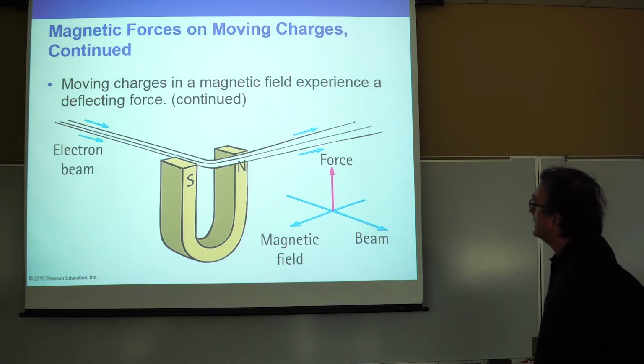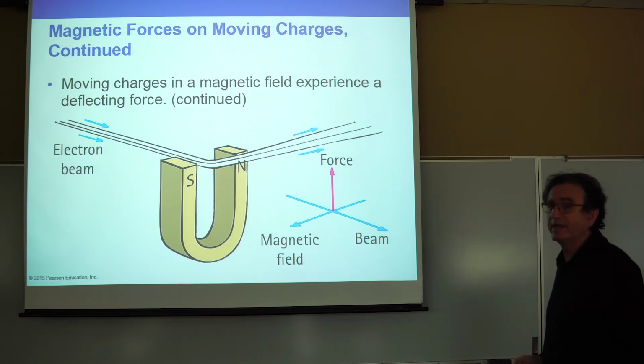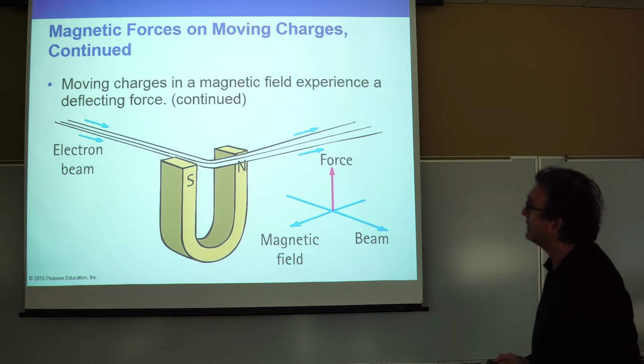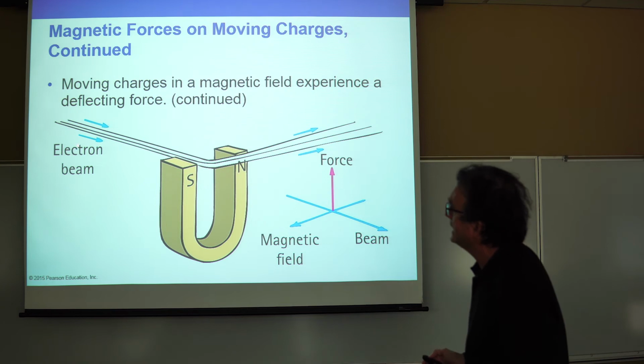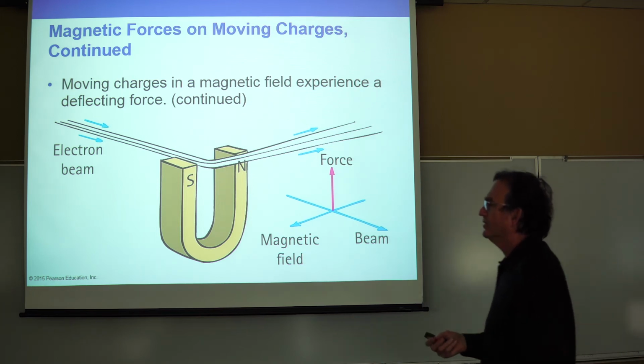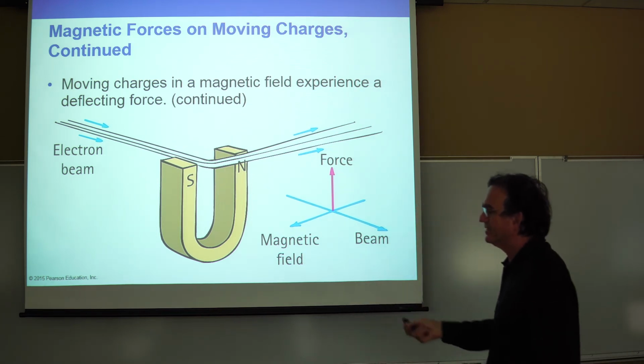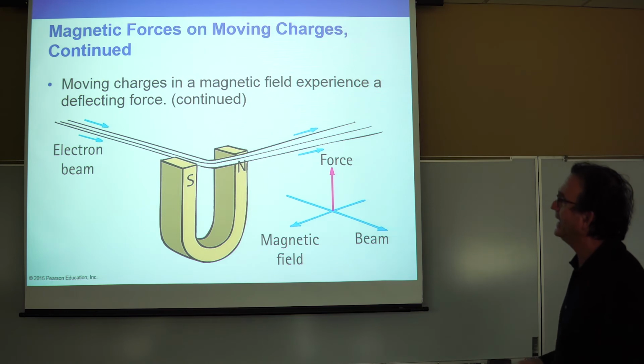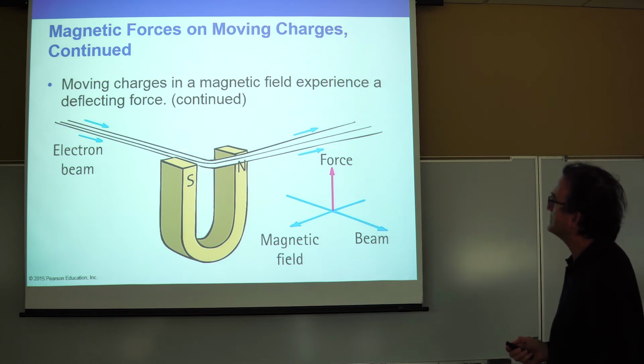Another way to experience or show the effect of a magnetic field on the movement of charged particles is to imagine that we have a beam of electrons. We are able to ionize or liberate electrons from the tip of a heated piece of metal, and we can accelerate them with an electric field, make them go to very high velocity, and then pass them through a magnet.